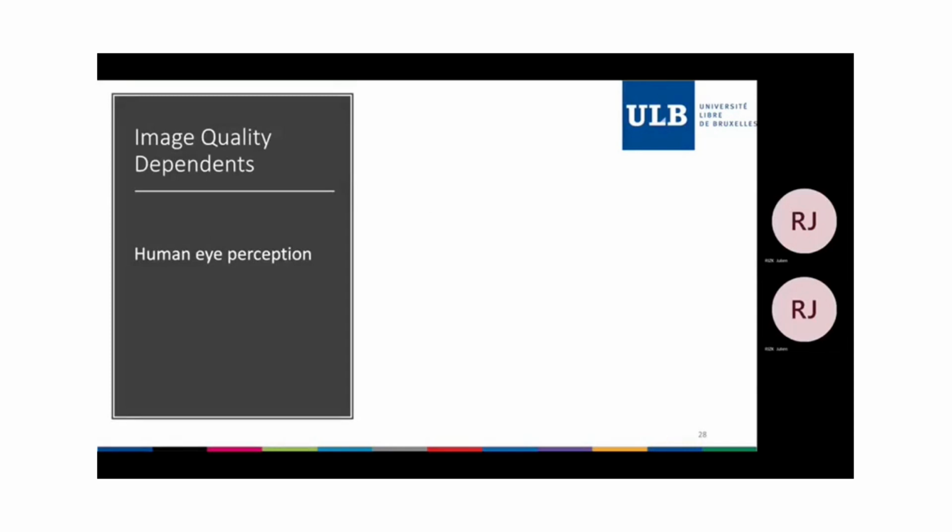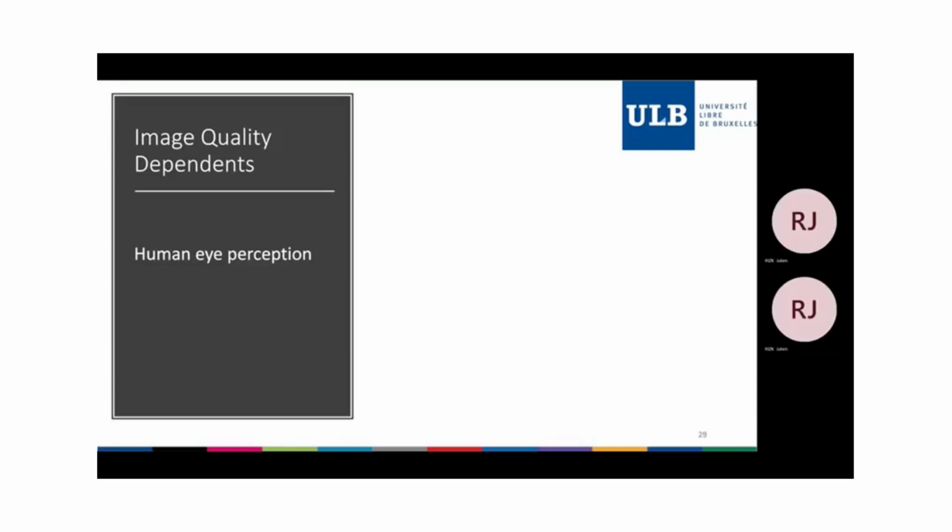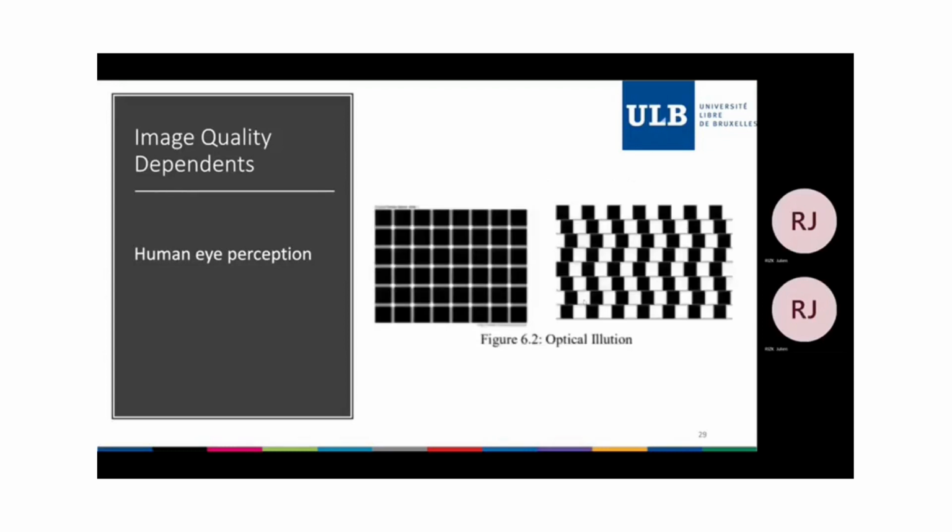Among the image quality dependencies, the first one is of course human eye perception, which will detect the photons of light. Light travels in straight lines, so visual information can be used to determine the direction and the distance of an object. But sometimes some images will create a wrong perception in our brain, such as these illusions.